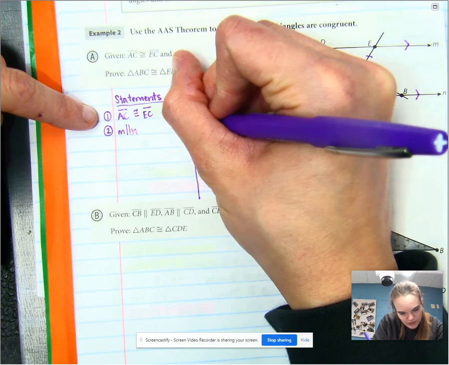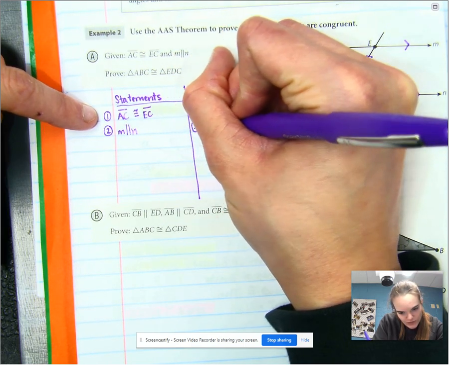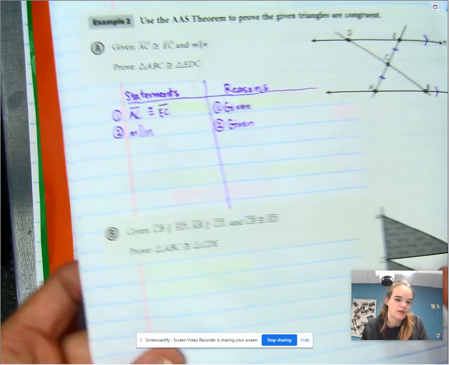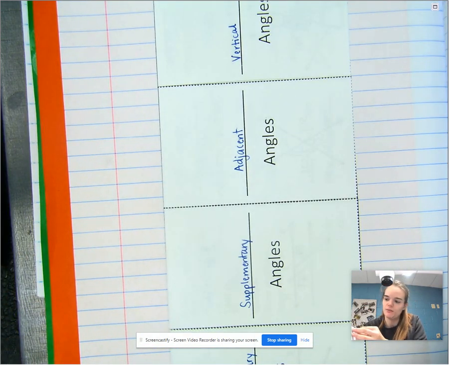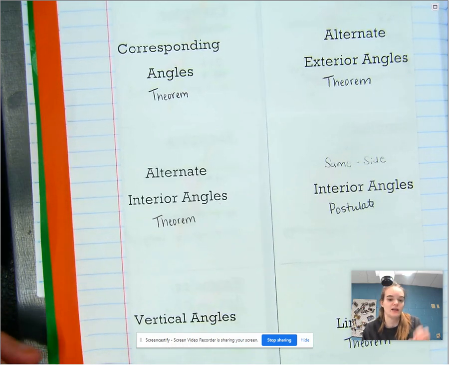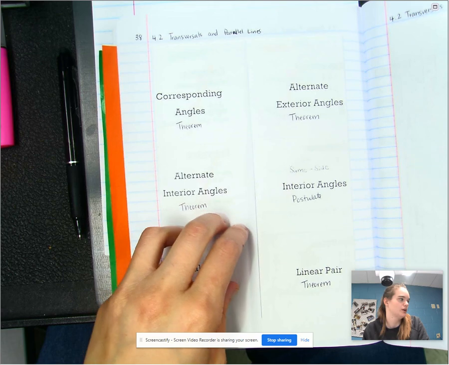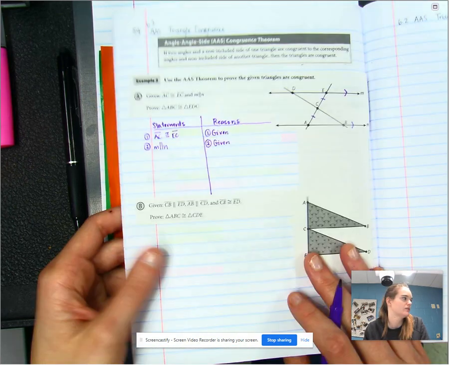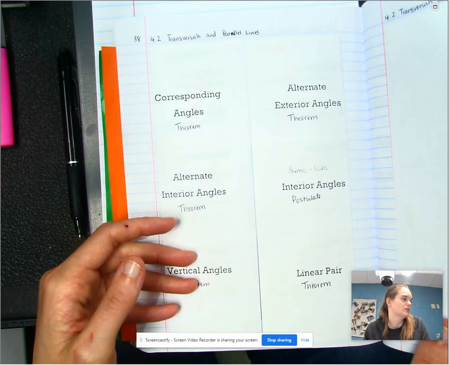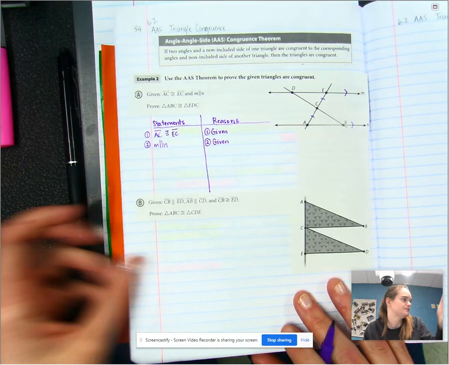Anytime they give you that something is parallel, more than likely you are going to use one of the theorems from page 38, because these are all the parallel line theorems or postulates. More than likely we're going to use one of these when they say parallel lines, which is why we have this notebook, so we can go back and look at the theorems and postulates.